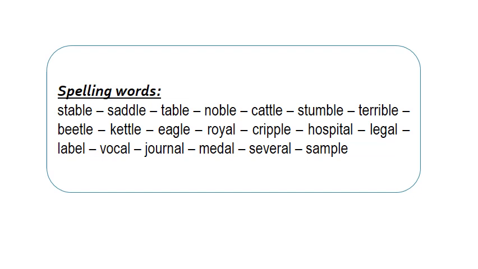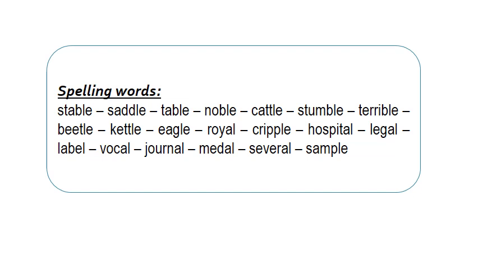In saddle and cattle, I have double consonants, and mostly you make mistakes while writing these words with double consonants. You might write it once. Look here, stable, here saddle. In stable, the A took the long sound because the syllable is open when I divide the word into syllables.